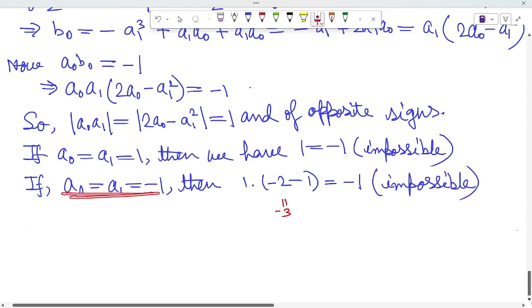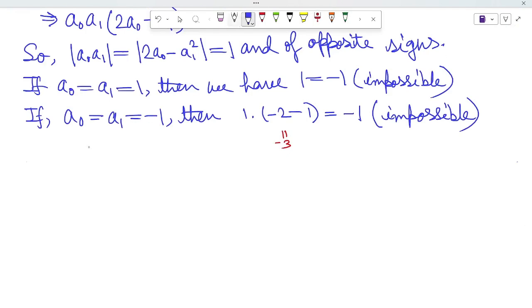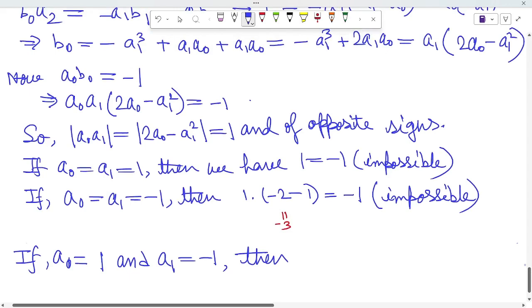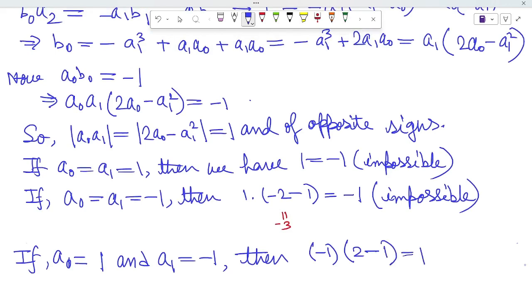There are two possibilities still left. Let me check. If A0 equal to 1 and A1 equal to minus 1, then that is a possibility. If I put them in that equation, I will get A1 times (2A0 minus A1 square) equal to 1, which is actually possible.